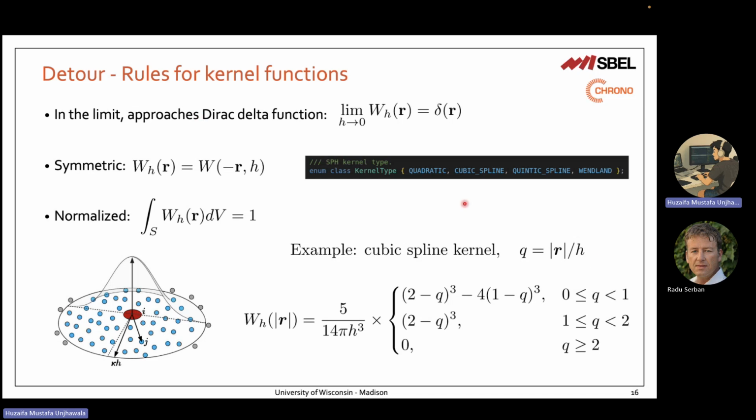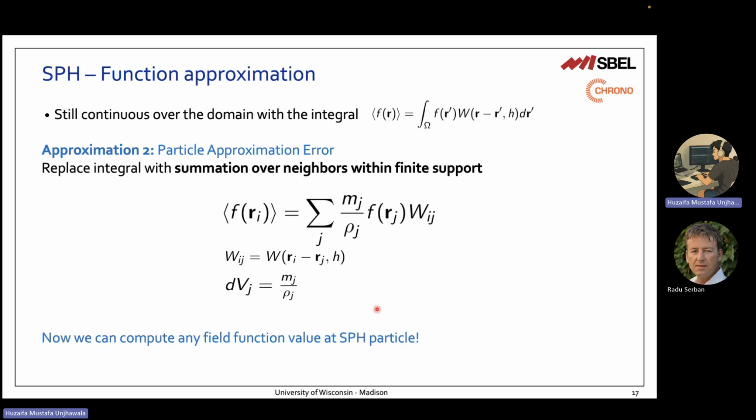There are certain rules that these kernel functions need to follow, not important, but all of these kernel functions follow those rules. I would say sticking to the default is probably the best option if you don't have any specific preference. Okay, so now we were here. We have a way to evaluate a function at point r.